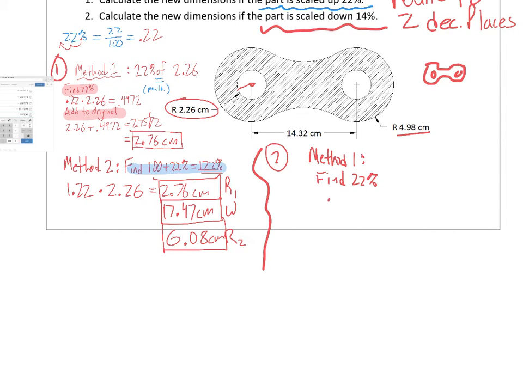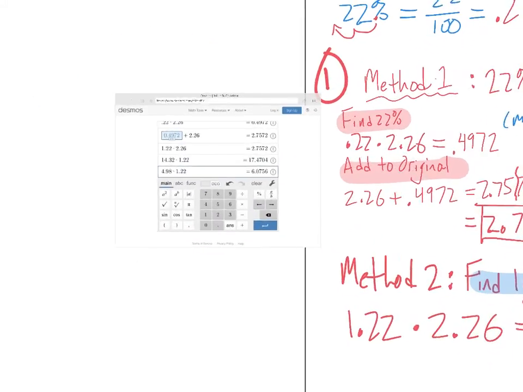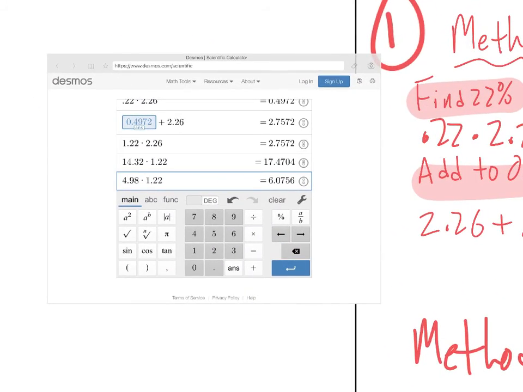Okay, so we have 0.22 times 2.26, and that gives us 0.4972. And then we want to subtract, okay, because we want it to be smaller. So subtract from original. Okay, so let's subtract that.